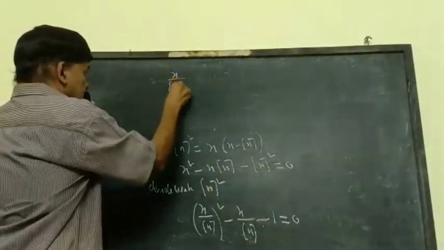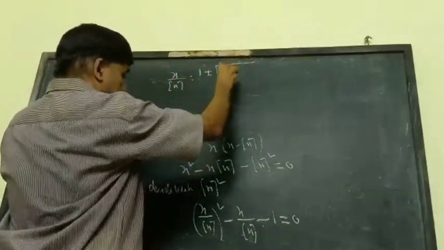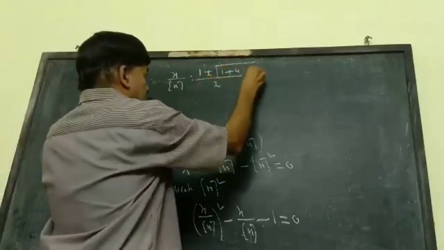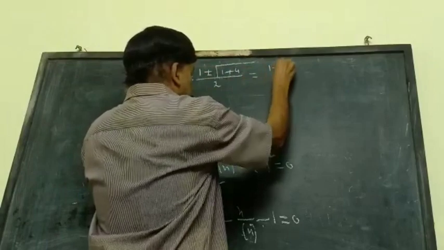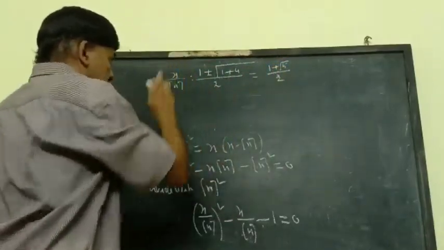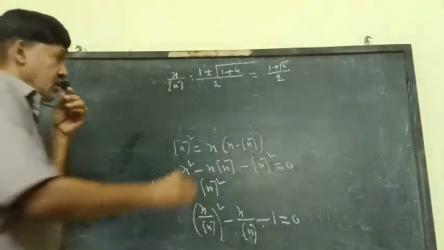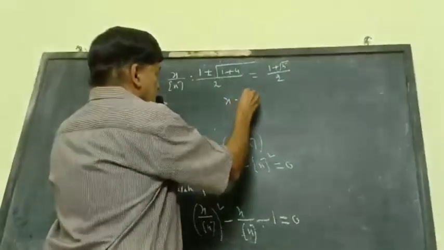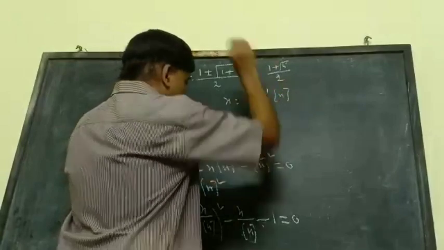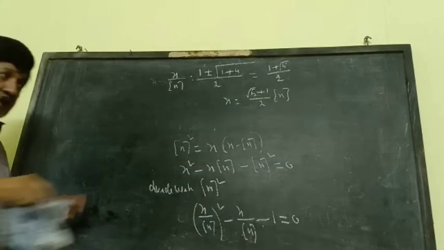X by step x is equal to 1 plus or minus square root of 1 plus 4, by 2. You have to choose 1 plus root 5 by 2 only, because x is positive and step x is also positive. So what is x now? Root 5 plus 1 by 2 into step x. This is the relation you are going to get.